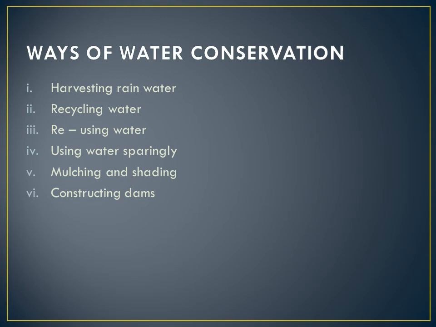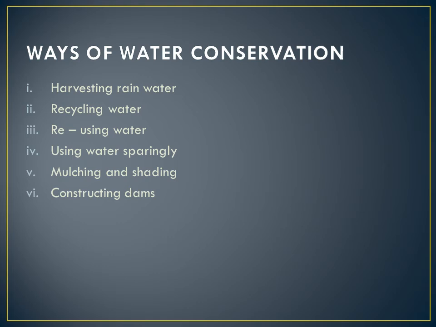If you have opened the pipe for hand washing, and you are done with hand washing, don't leave the water running. You close. Using drip irrigation other than overhead or sprinkler irrigation, because drip irrigation uses less water.